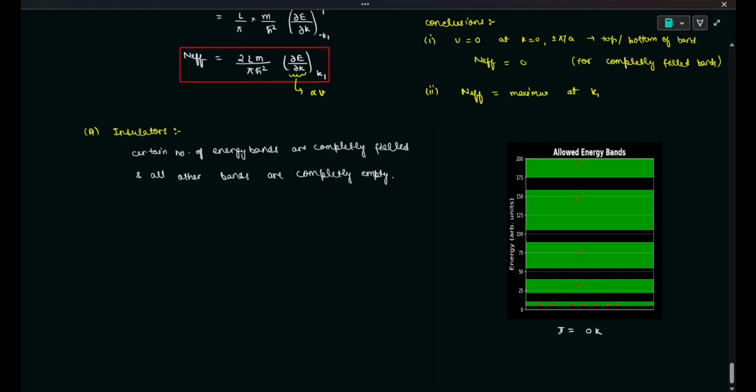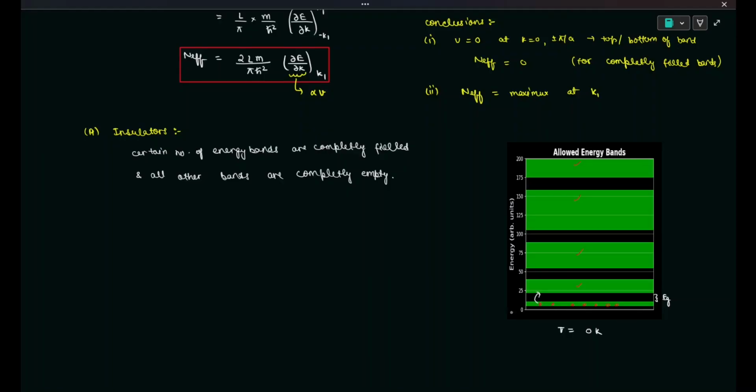But when these electrons get some thermal energy, they may jump to the higher excited band, and they can correspond to conduction. Now the number of such free electrons which are thermally excited depends on the value of the forbidden energy gap. This is Eg.